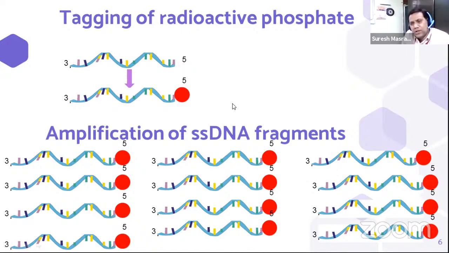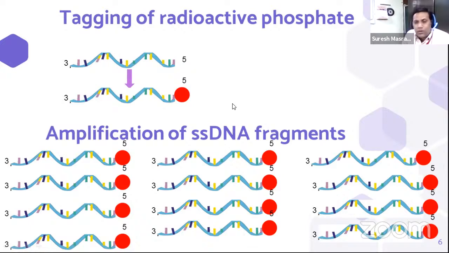To carry out this process of replication, we add primer, we add DNA polymerase, we add different types of nucleotides. That means dATP, deoxynucleoside triphosphate, then dGTP, then dCTP, and dTTP. All these nucleotides are added to the reaction.